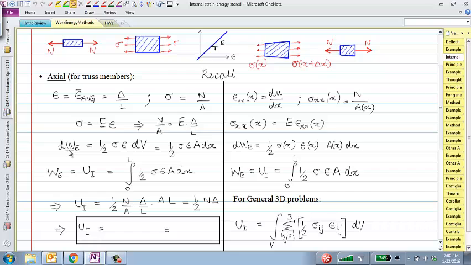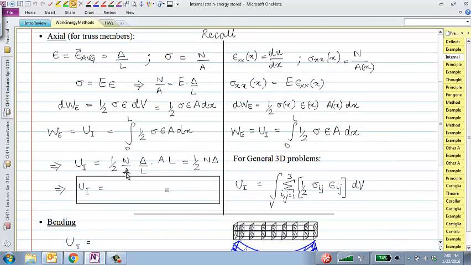And the external work done would still be the same, half times stress times strain, integrated over the volume, and you get all these expressions. But in this case, once again, without going through the actual algebra, you can show that I cancel off this A and this A, this L and this L. I have this half N delta. Substitute for delta, and we get half times N squared L over AE.